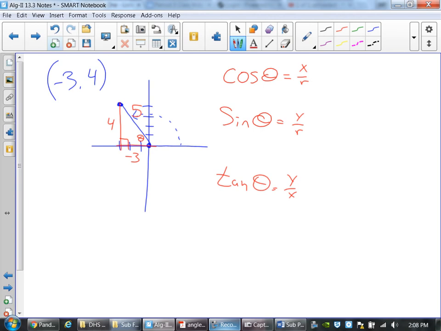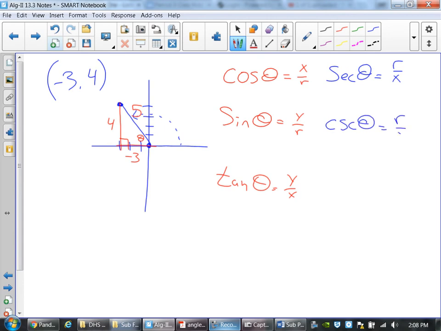Reciprocal properties of trig functions are just flip the fractions. The reciprocal of cosine is secant. If cosine is x over r, what's secant? R over x. Reciprocal of sine? Cosecant.